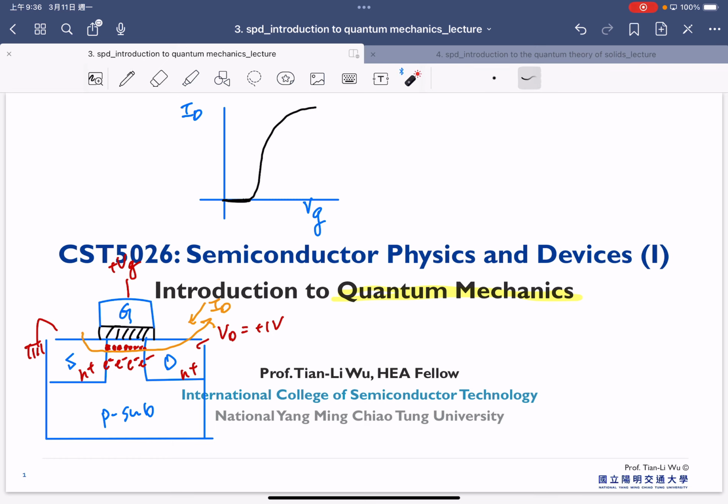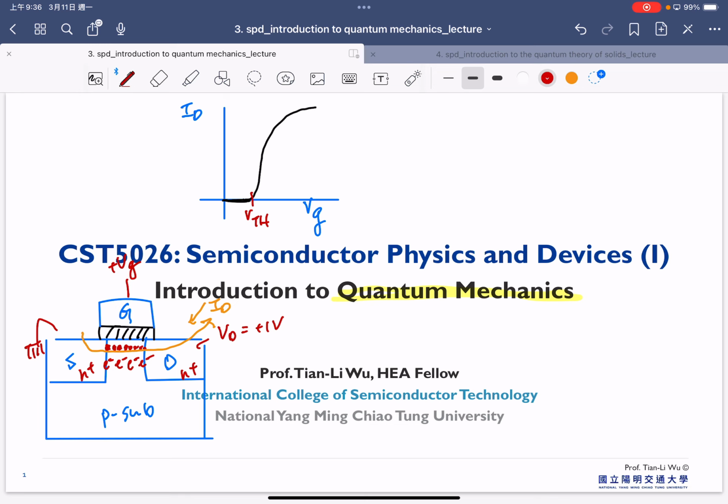This gate bias needs to be large enough to start having electrons inverted and accumulated in the channel. That's how we usually define the threshold voltage. So that's the typical IDVG that we already mentioned in the previous classes.